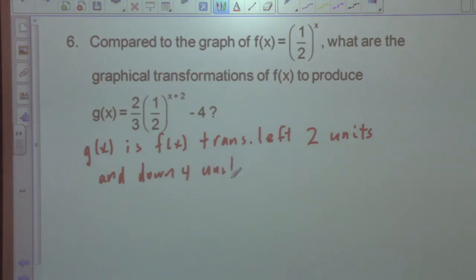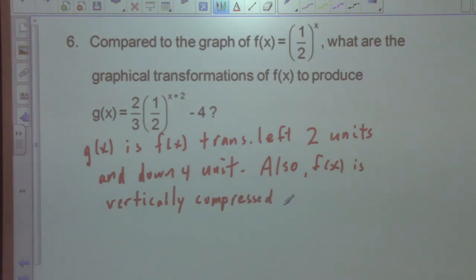Anything else? Compressed. Also, f of x is vertically compressed by a factor of 2/3, that's right.